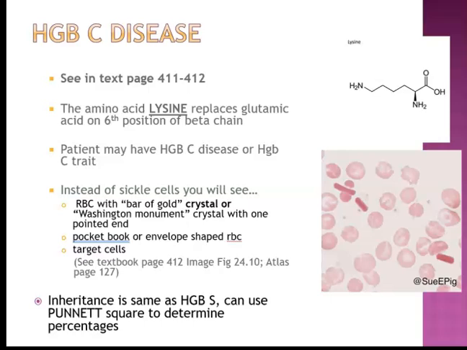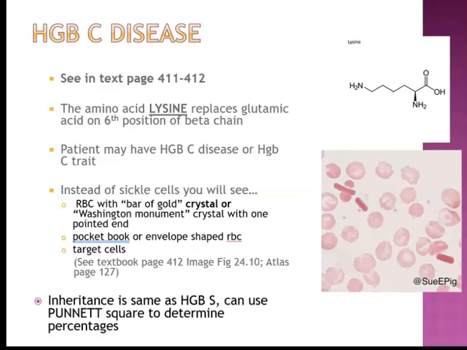Now, under the hemoglobinopathies category, let's talk about hemoglobin C disease. This is when the amino acid lysine replaces glutamic acid on the 6th position of the beta chain. The patient can either have hemoglobin C disease or they can carry the hemoglobin C trait.